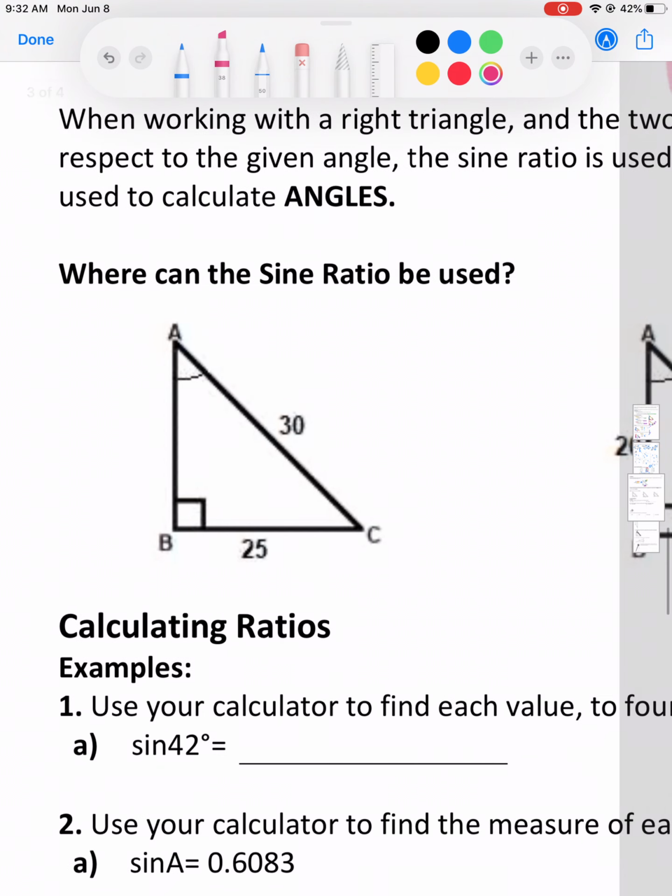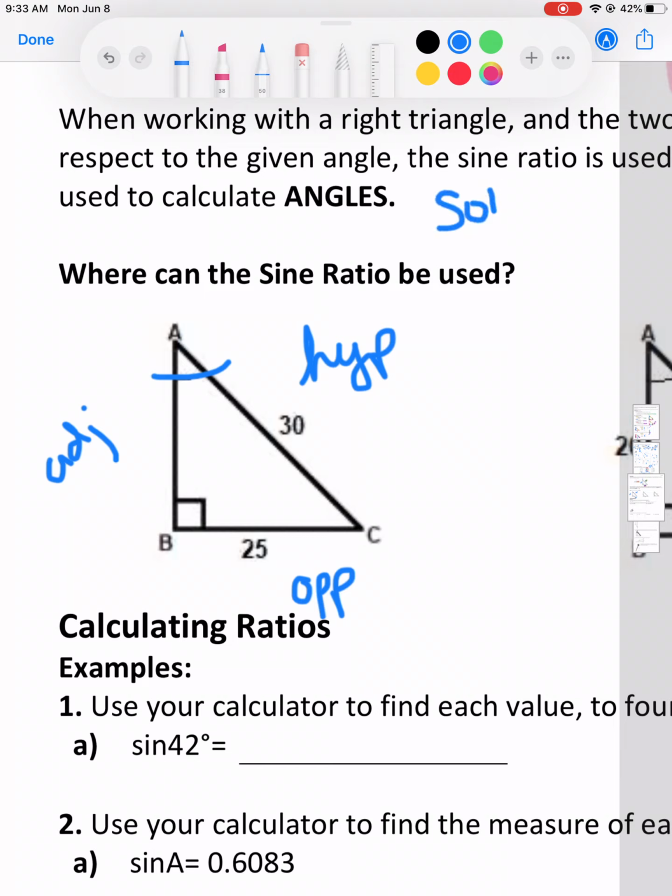So what you're going to do here is you're going to label. Here's my angle of interest. Before we even look at the numbers, let's label our triangle. We have our hypotenuse, we have our opposite, and we have our adjacent. So to solve for sine, remember, sine theta, that's just to represent any angle, is equal to opposite over hypotenuse.